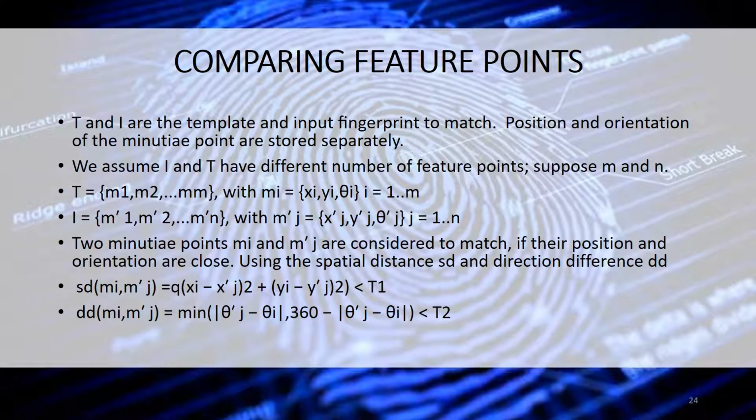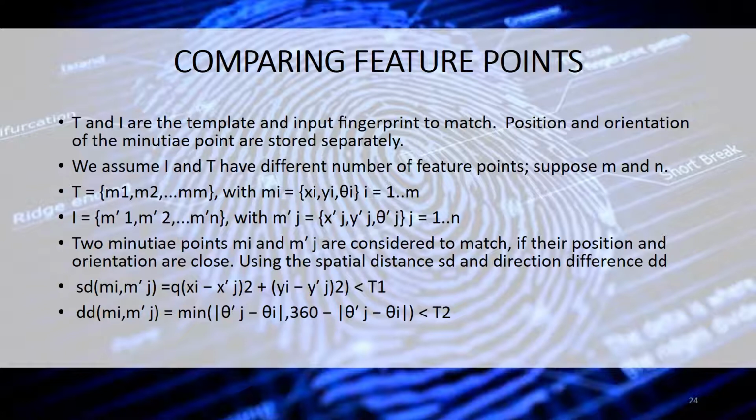Comparing feature points. Suppose T and I are the template and the input fingerprint to match. The position and the orientation of the minutiae points were already stored separately. We assume that T and I have different numbers of feature points, M and N, such that T is from M1 to Mm and I is from M'1 to M'n.